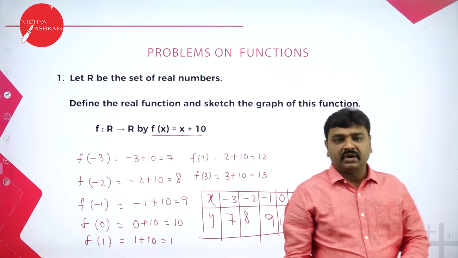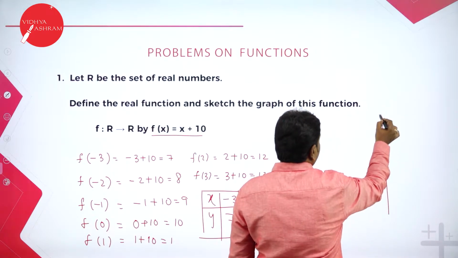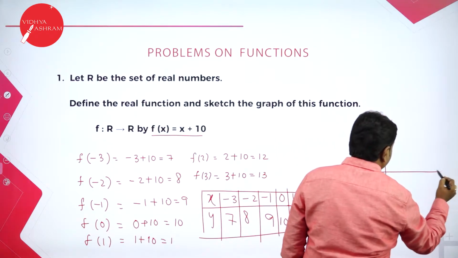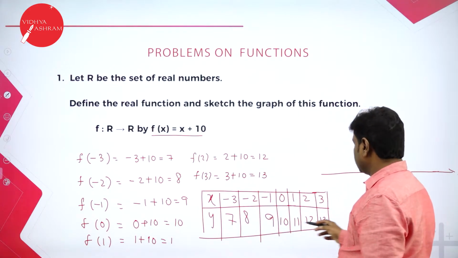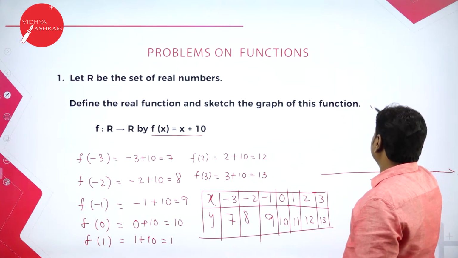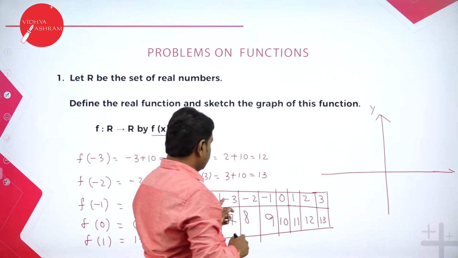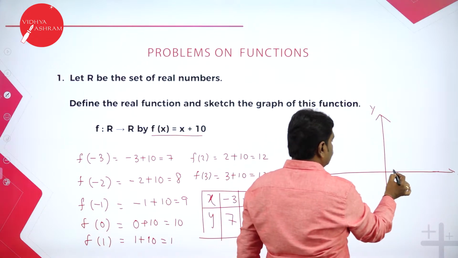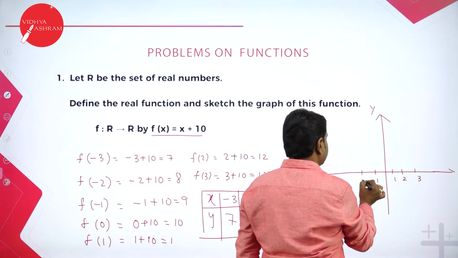So now we have to sketch this. In order to sketch this, I need what? Y-axis and x-axis. And here the values, we have 7 to 13. So better I'll take x values, minus 3 to 3. So 1, 2, 3, minus 1, minus 2, minus 3.